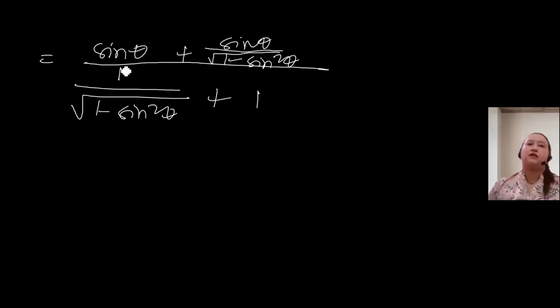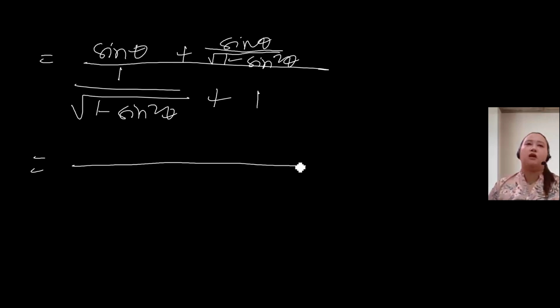That's it. So we have to simplify this. The first thing that you need to simplify is the numerator, then the denominator, or you can simplify both the numerator and denominator at the same time.